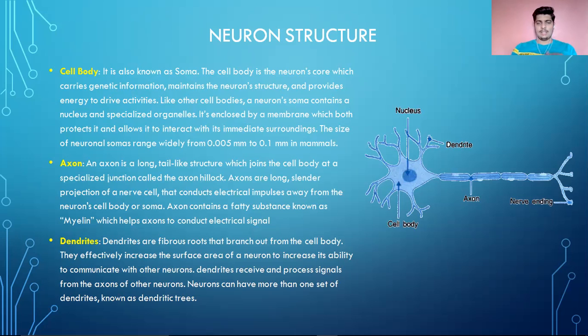Dendrites receive and process signals from the axons of other neurons, and neurons can have more than one set of dendrites, known as dendrite trees, like this. So these are some of the main parts in a neuron. Then we have the nerve ending as well, but it's okay.